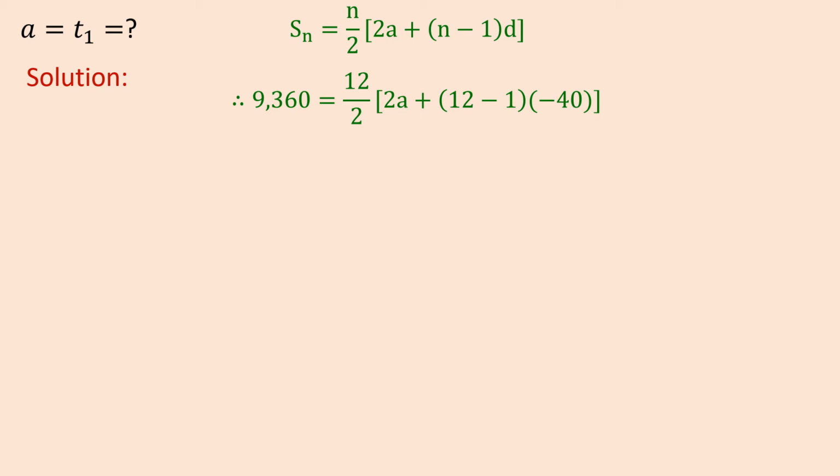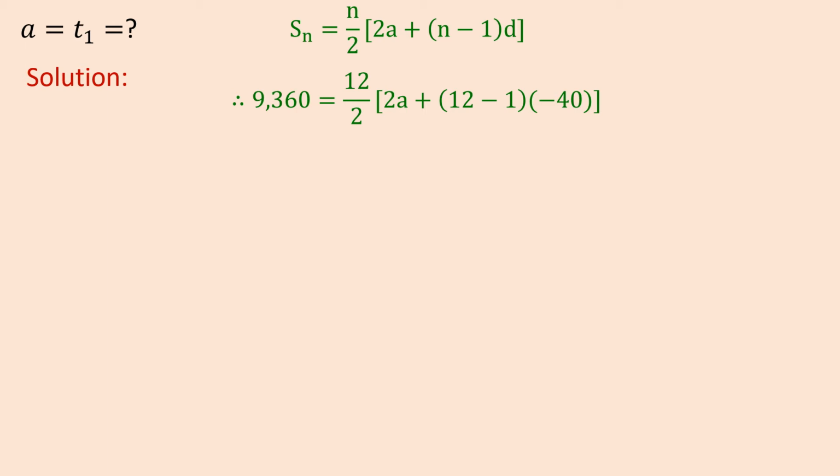I put brackets there to separate the two signs. Clear? As you know, S12 is 9,360 and n is 12. So in the formula Sn equals n upon 2 into (2a plus (n minus 1) into d), we have substituted the values of S12, n, and d.